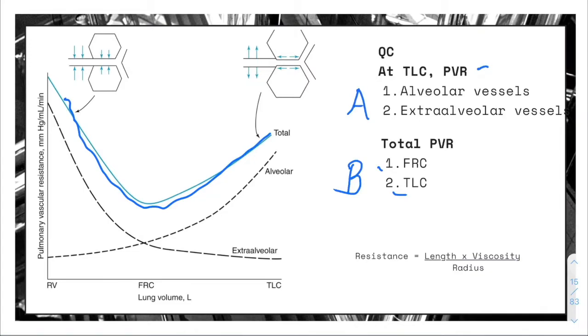If you lengthen the blood vessel, you increase your resistance. If you increase the viscosity of blood, you also increase the resistance. While decreasing the radius, you also increase the resistance.